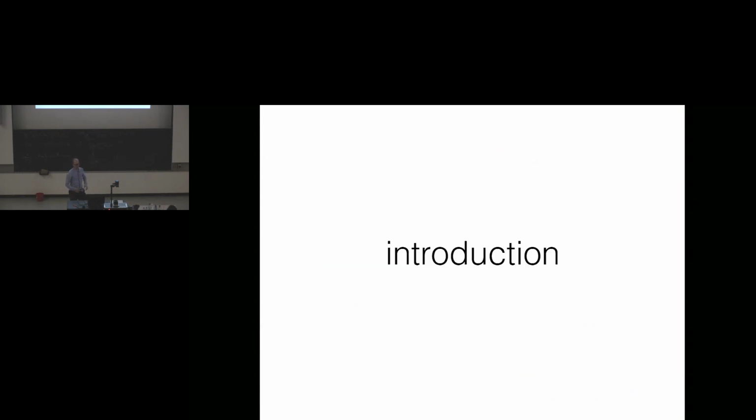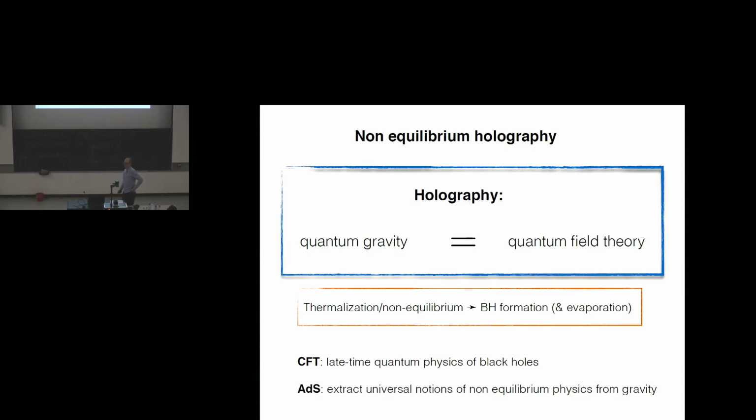So, great. Let me start by giving you a rather general introduction to why I think we should be thinking about non-equilibrium dynamics in holography. Non-equilibrium holography is, I think, one of the most powerful applications of holography, but it's also one of the most interesting ones, and the reason is twofold.